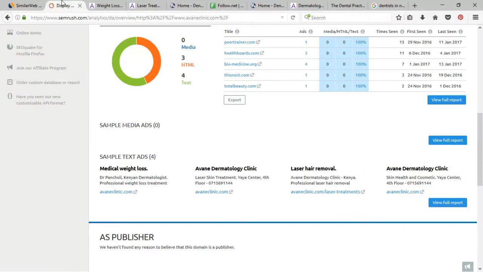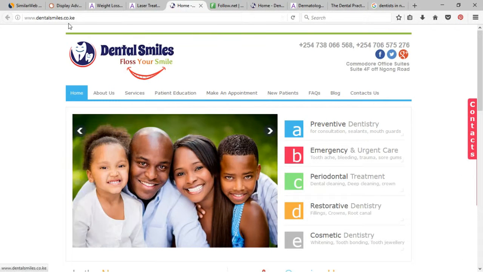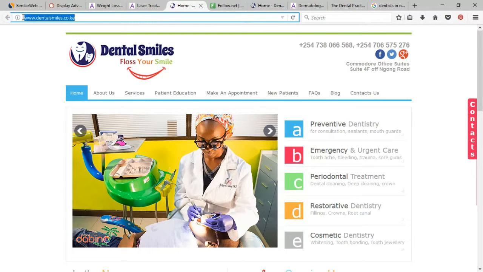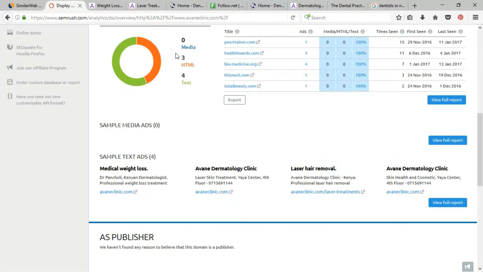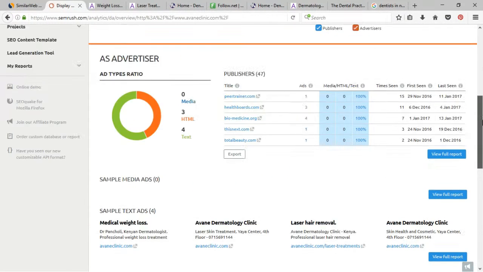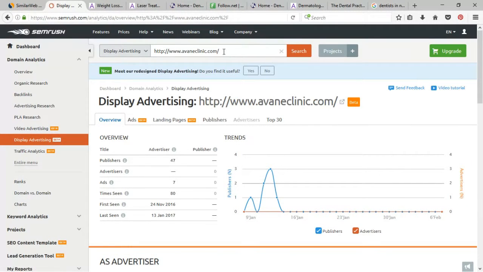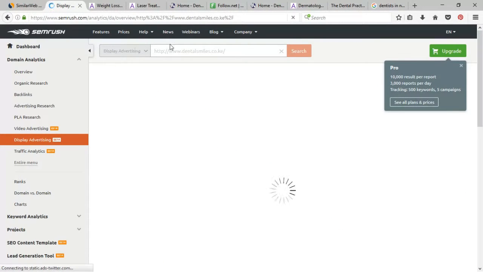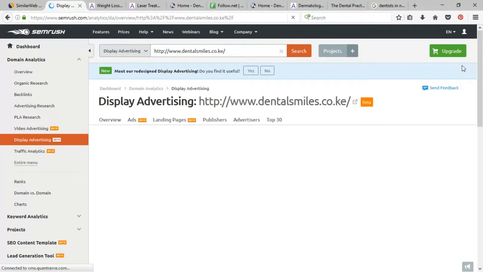Now let's go back to the dentist, and this is where I want to show you what I mean. Let me copy this and put it in my software again. Let it load for a second.